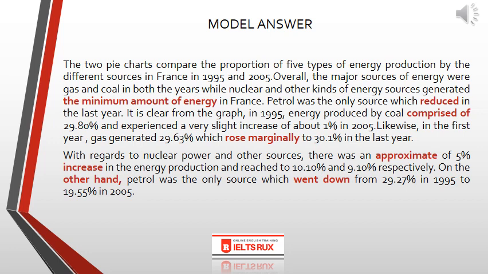With regard to nuclear power and other sources, there was an approximate 5% increase in energy production, reaching 10.10% and 9.10% respectively. On the other hand, petrol was the only source which went down from 29.27% in 1995 to 19.55% in 2005.